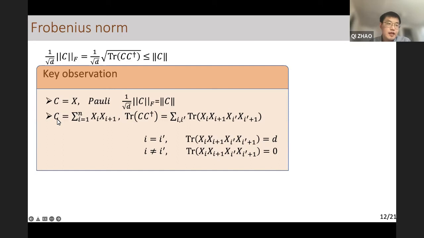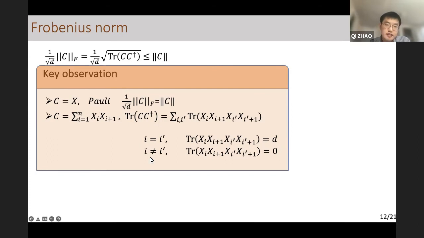But if this is a summation of different Pauli strings, like C equals the summation of X_i times X_{i+1}, then in the trace of C times C dagger, we have n squared terms in total. When i equals i prime, this Pauli string is identity, so its trace is the dimension.